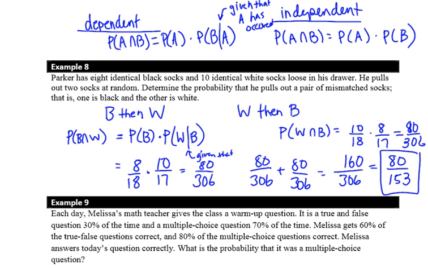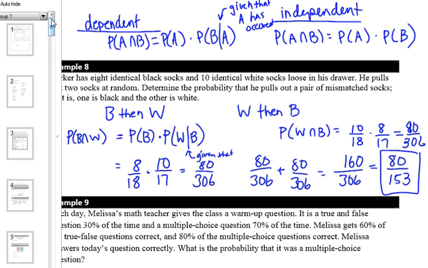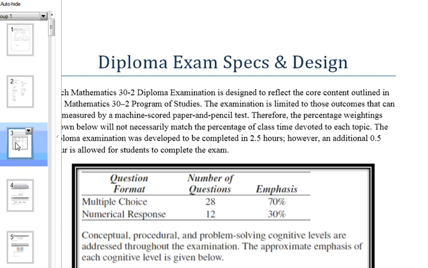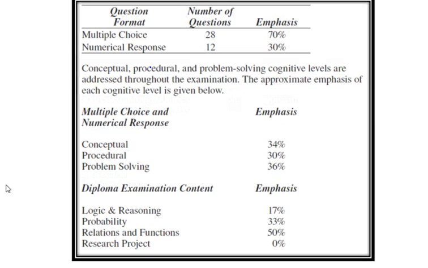Okay, so can I change slides for a sec? So we talked about your diploma exam, and this is on the third page. So we have 70% multiple choice, 30% numerical response. Conceptual and procedural problem solving. Procedural is just rote math.